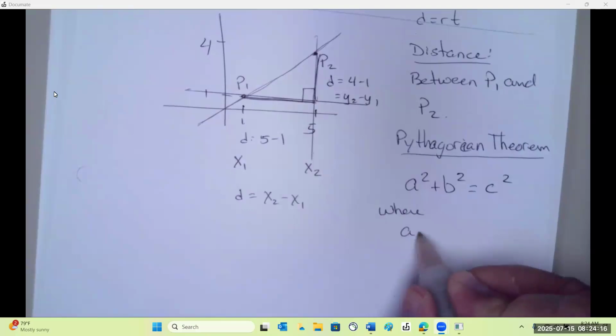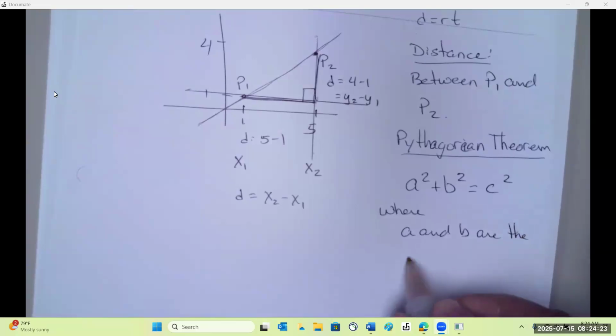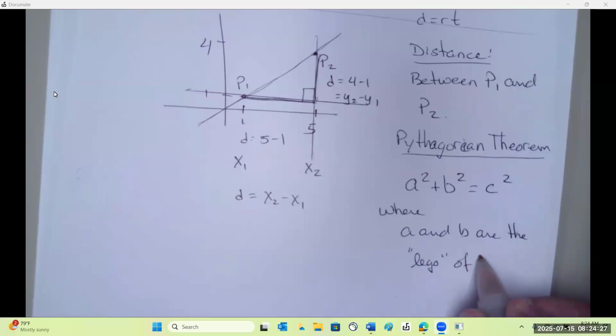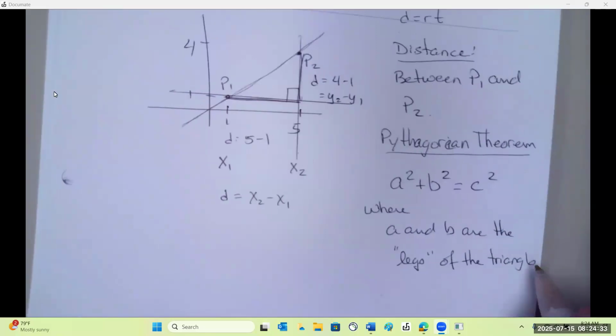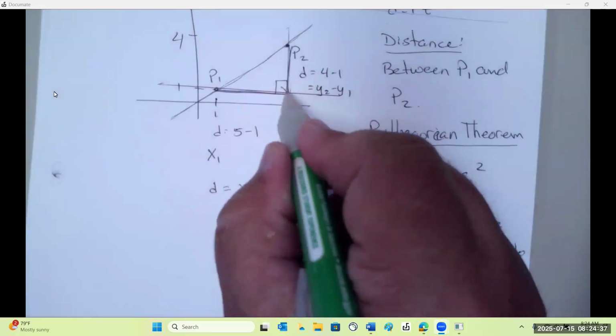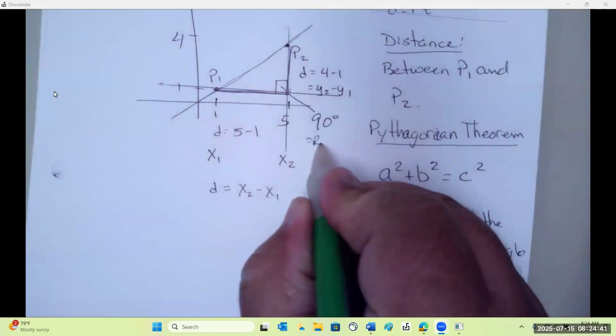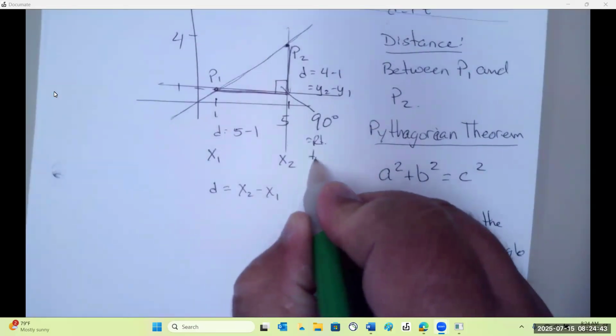Where A and B are the legs of the triangle, and it has to be a 90-degree angle, a right triangle.